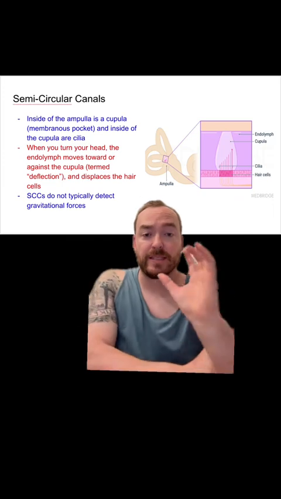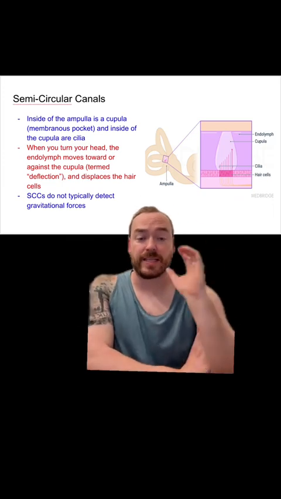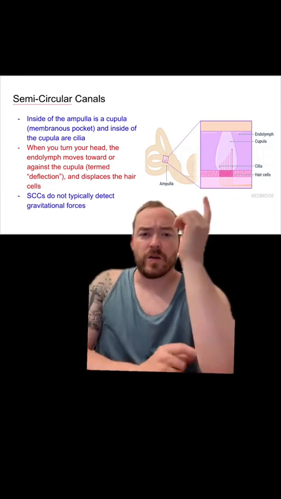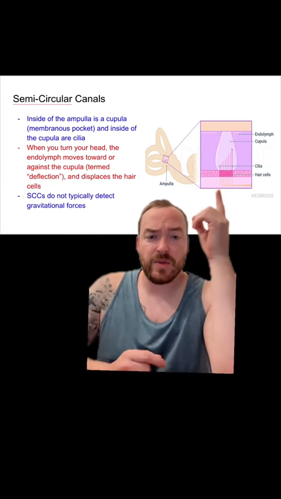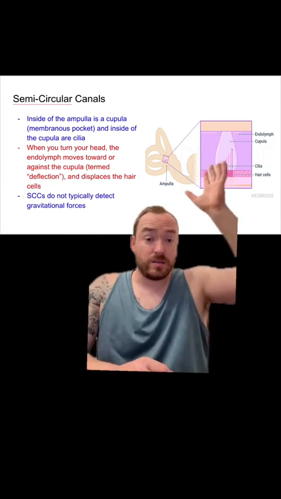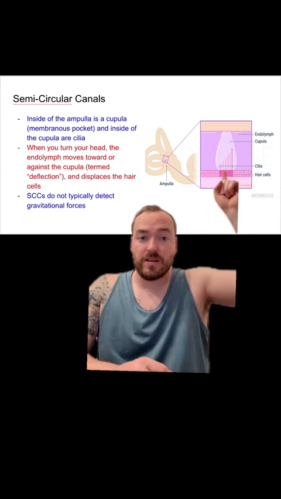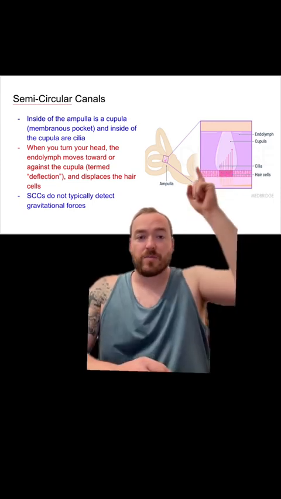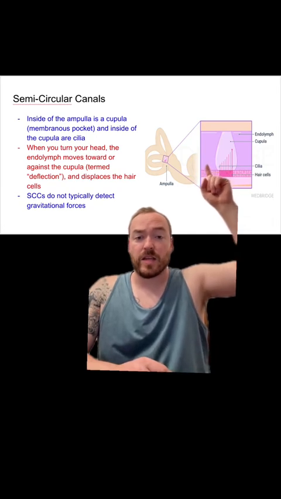So let me explain a little bit more about how it detects that your head is moving at all. Okay, inside of each ampulated ending, you have a membrane called a cupula, and it's solid all the way through, but embedded in the cupula are these little hairs called cilia, and then the purple in this area is all endolymph.